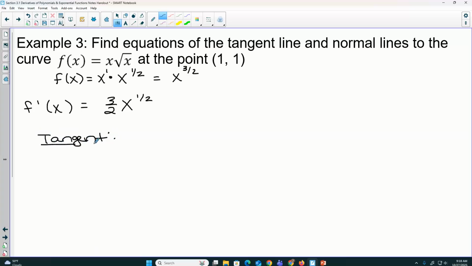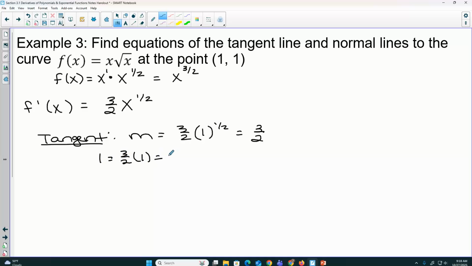Okay, let's get our equation of the tangent line. We need a slope. All we have to do is go to our derivative and plug in our x value, which was 1. So that's 3/2 times the square root of 1, which is 3/2. So now we know our slope. So you can either plug into y equals mx plus b or the point slope formula.